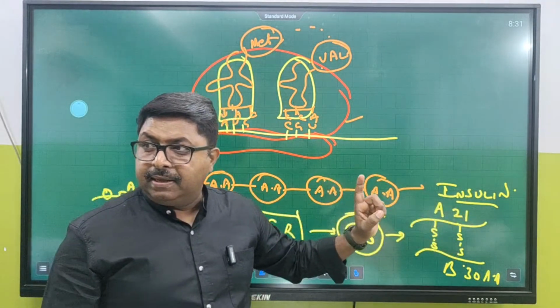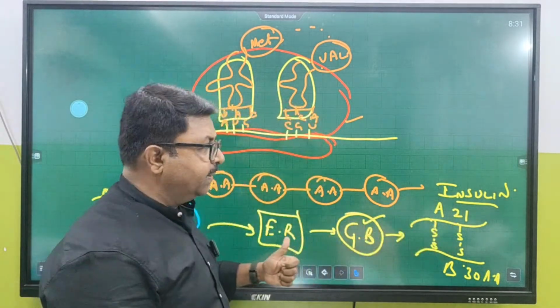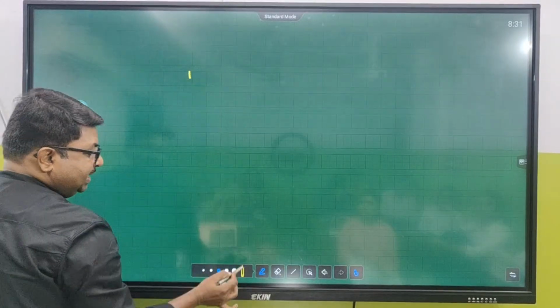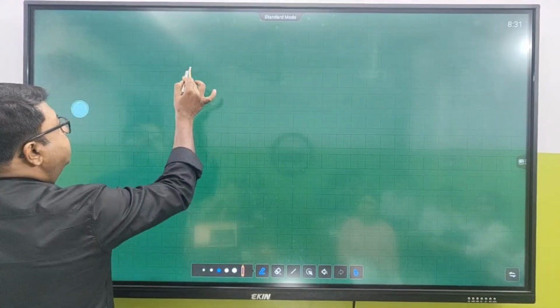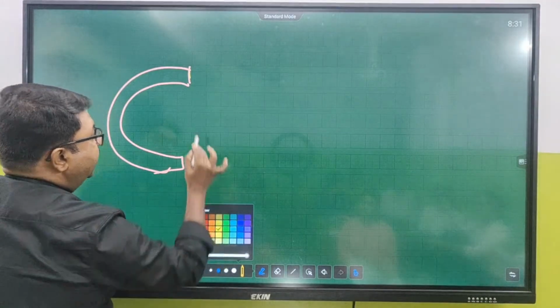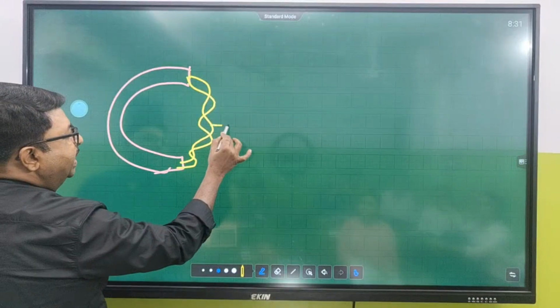take this particular A gene which makes this polypeptide chain, and introduce the A polypeptide forming DNA in the plasmid, and insert it inside E. coli bacteria.